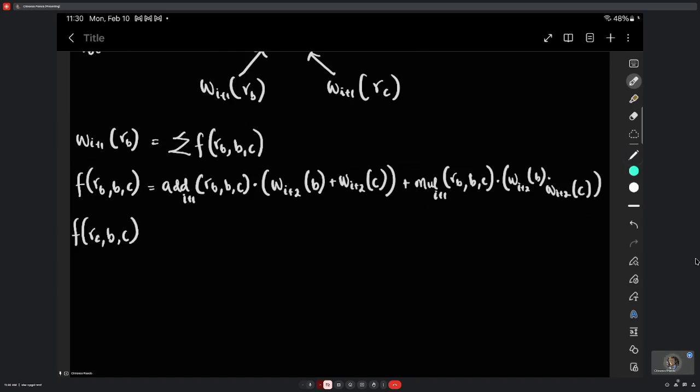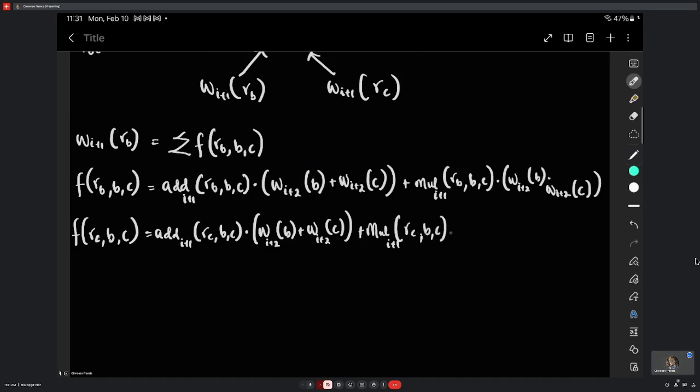It's f of RC, B, C, right? These B and C are still the same B and C. So it will be add I plus 1 of RC, B, C, WI plus 2 of B plus WI plus 2 of C, plus mult I plus 1 of RC, B, C, WI plus 2 of B times WI plus 2 of C.